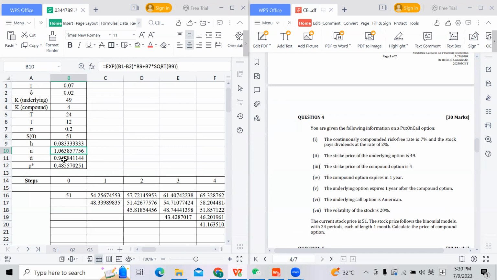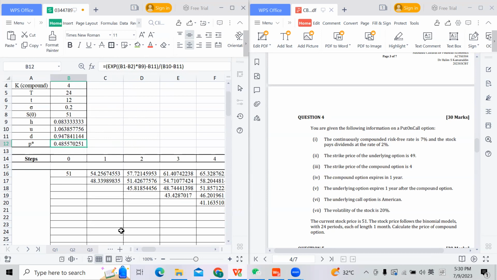Then d is the same as u, the only difference being the minus sign. Then we can compute p star, which is the exponential of (r minus delta) times h, minus d, divided by u minus d.